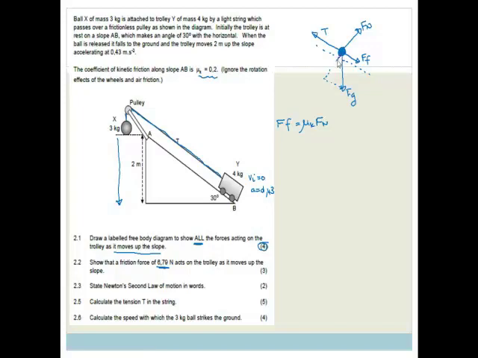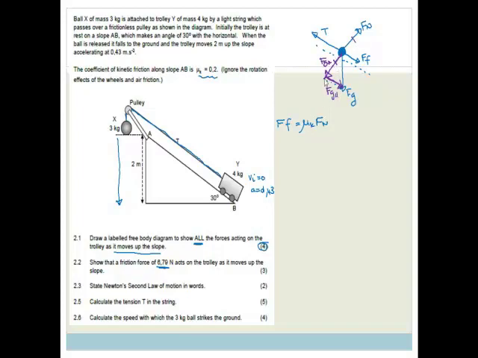We know that this makes a little triangle here, where this is Fg perpendicular and this is Fg parallel. So in other words, the force of gravity is doing two things. The one is it's pulling the object down into the earth, and the other is pulling it down the slope. But these two are equal.